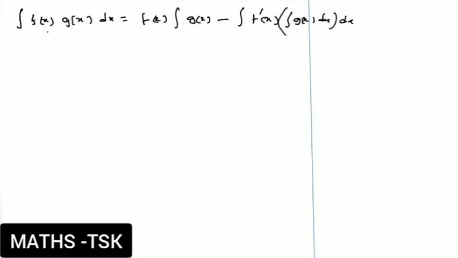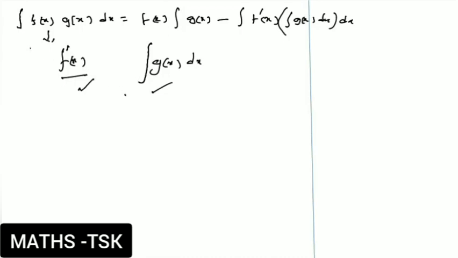I'm going to explain which function we have to take as f of x, and which function we have to take as g of x. After taking f of x, we have to differentiate f of x. After taking g of x, we have to integrate the g of x. If you are ready with the f dash of x and integration of g of x, then we can apply the formula.